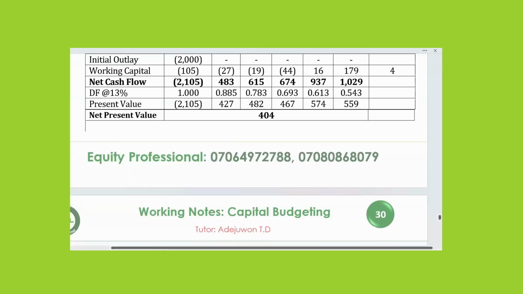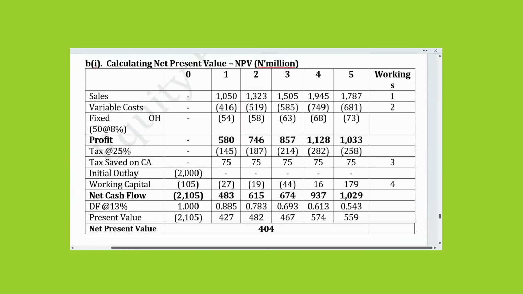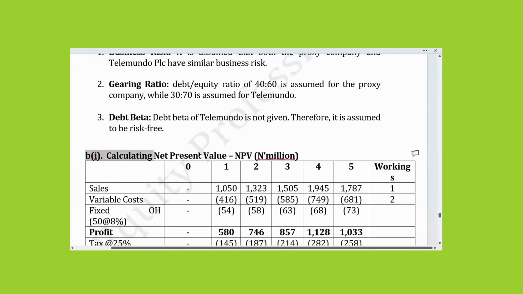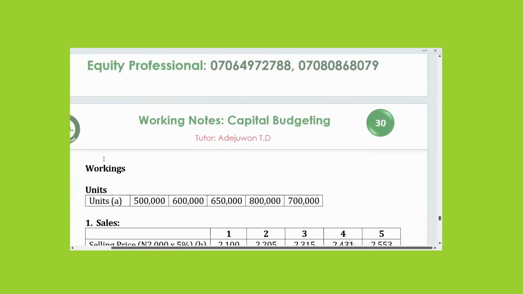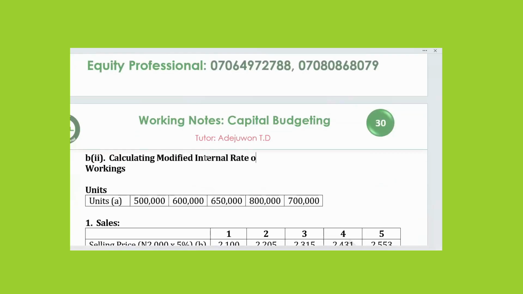So let's come here. We want to calculate modified internal rate of return, MIRR.